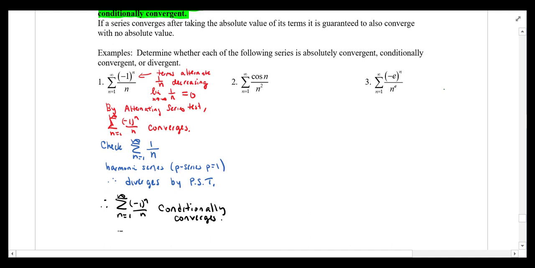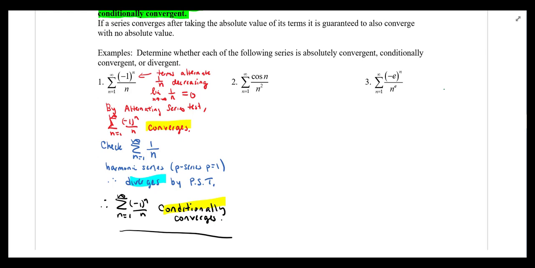All right, so once again, the original one converges, the absolute value one does not. Therefore, call it conditionally convergent. Okay, so let's try number 2. Cosine n over n squared.